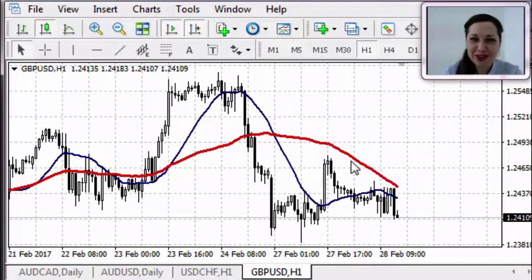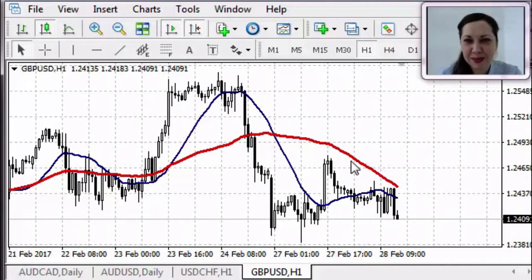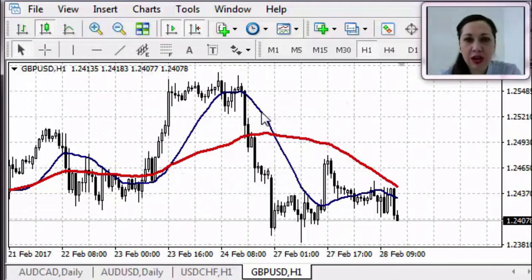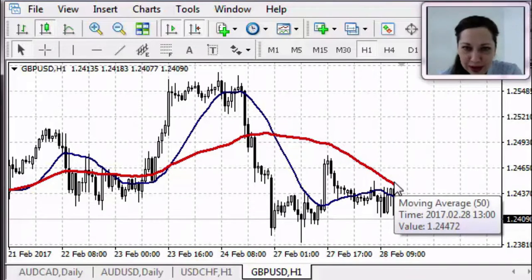How to read information? First, we need to identify the trend. It's regarded that if the MA, moving average, points up, it means it's an upward trend. If it points down, like here, it means that it's a downward trend.